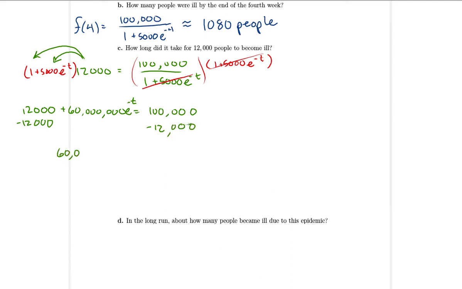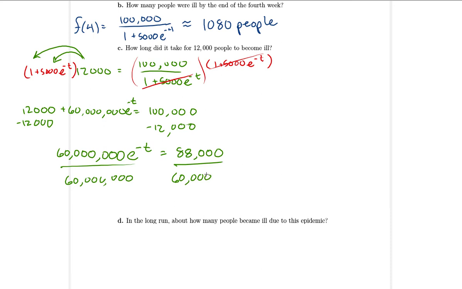So 60 million e to the negative t is equal to 88,000. And then, of course, we can divide by 60 million to get e to the negative t all by itself here. And so we can do some simplifying that's definitely worth doing, right? Divide by 1,000.